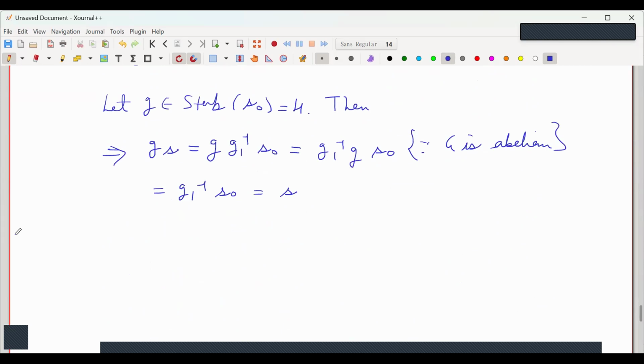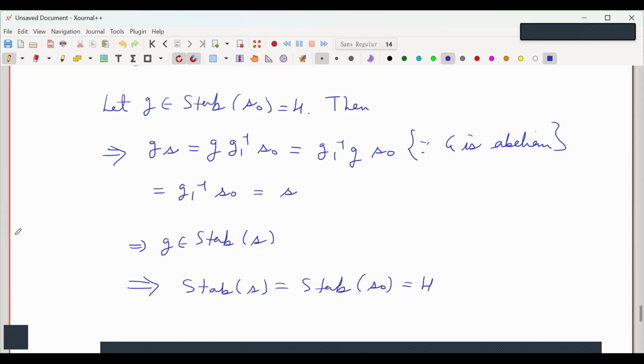So this implies g belongs to the stabilizer of s, and hence the stabilizer of s is the same as the stabilizer of S naught, which is H.